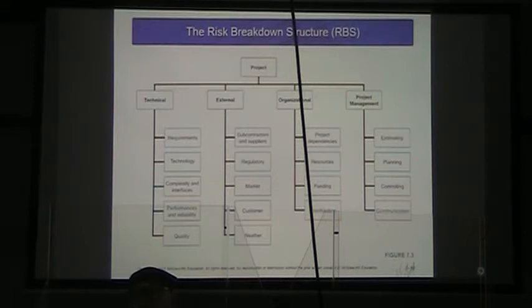Our organizational risks. What are the project dependencies? Does our project depend on another project being finished successfully, or does it depend on some work packages within our project being finished to be able to complete the project?